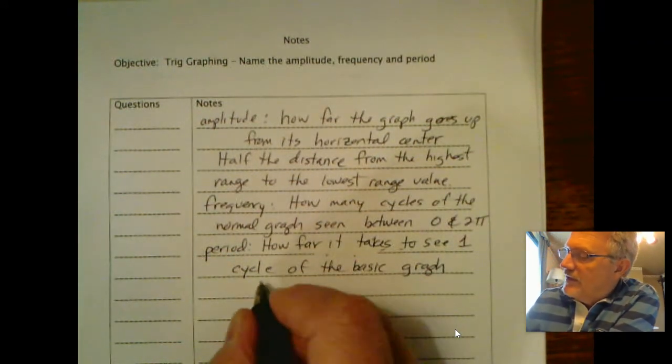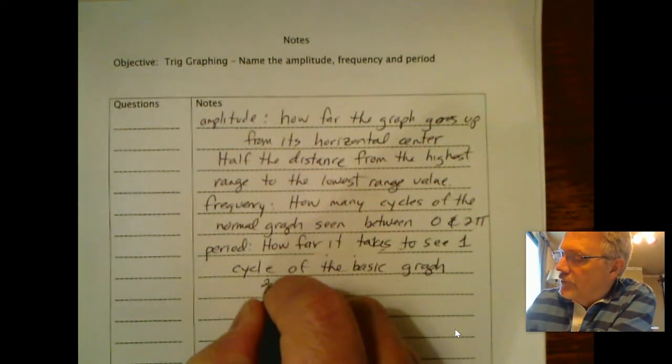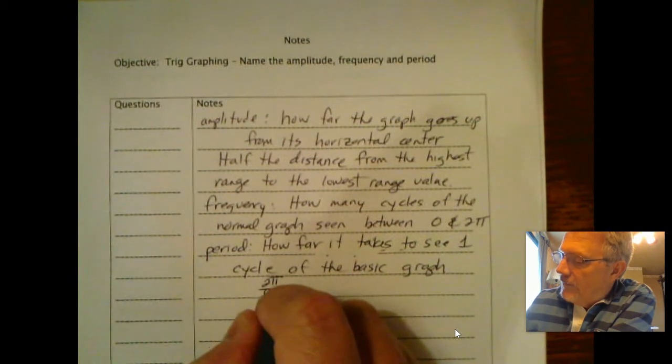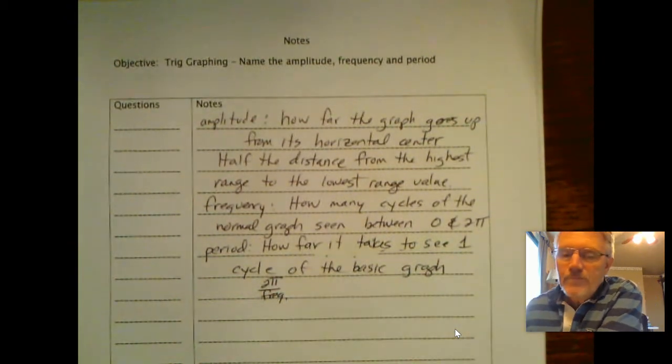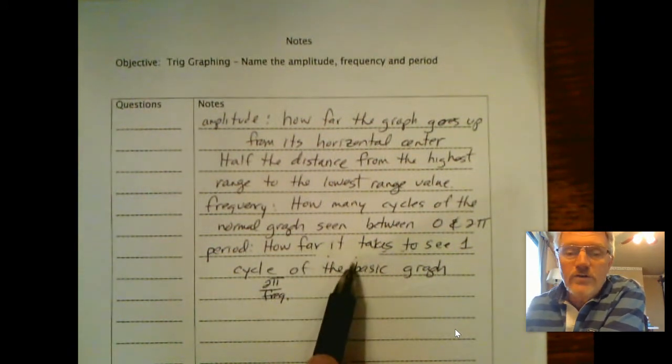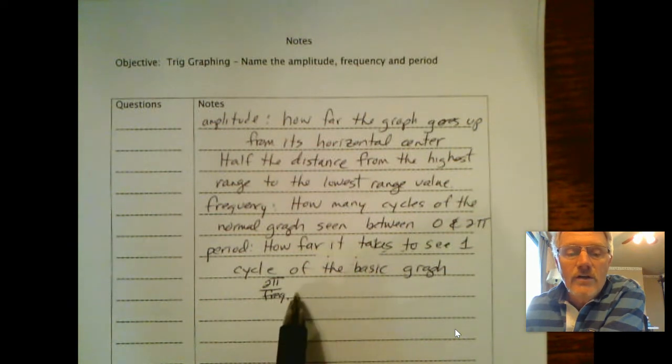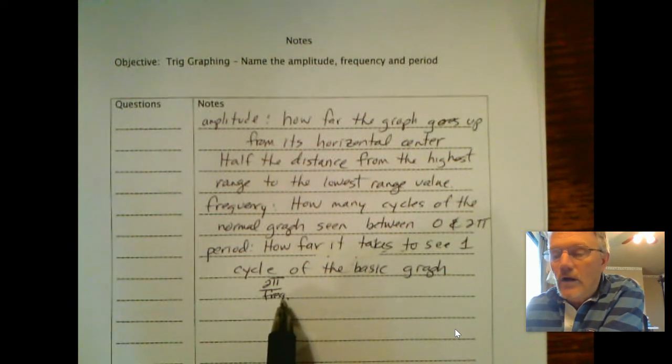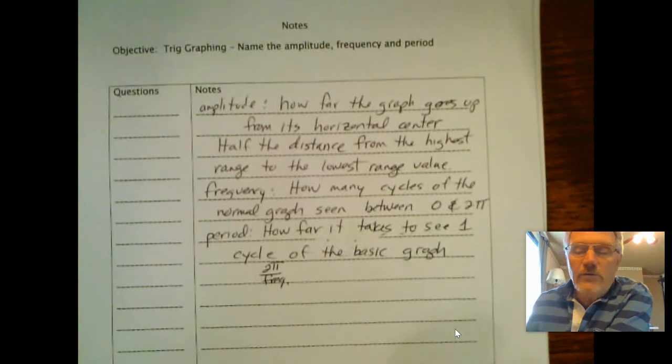The period is also 2 pi divided by the frequency. So depending on the way they ask the question, if you're looking at the graph, you're going to look at the words to come up with the answer. If you're looking at the equation, you're going to want to use 2 pi divided by the frequency.